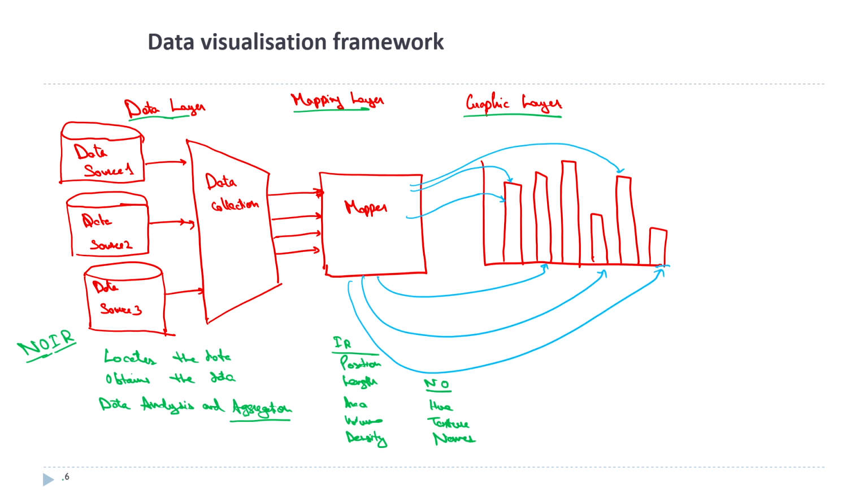Now, in the graphic layer, what we have is the final conversion of geometry into display. When I say geometry, geometry is the kind of the data points that we have aggregated from the data layer, and in the mapping layer we have tried to map what the kind of the results are that we are trying to present here.